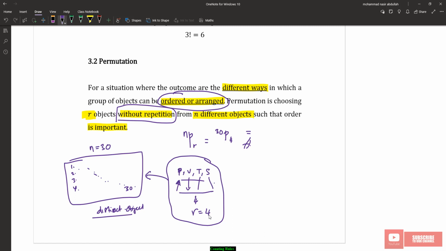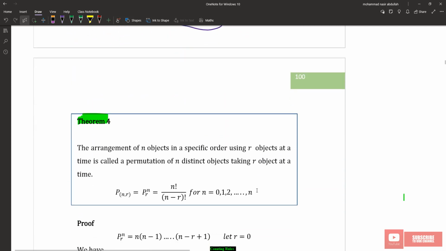Multiply. Press multiply, and you will get P. And press 4. So it becomes 657,720. Right? Do you get it? Yes, sir. Right. This is just an example.